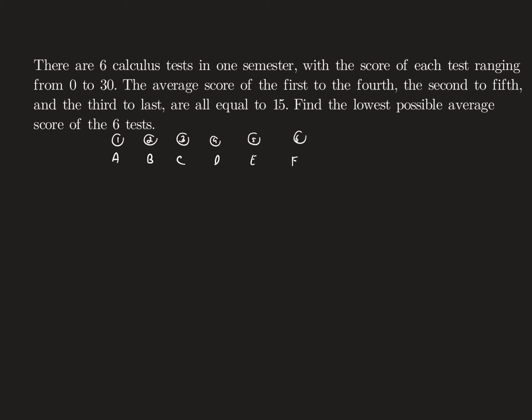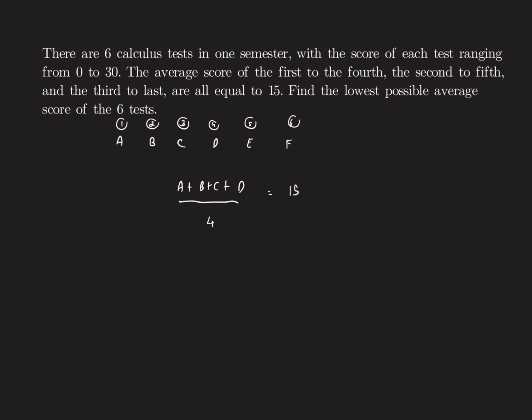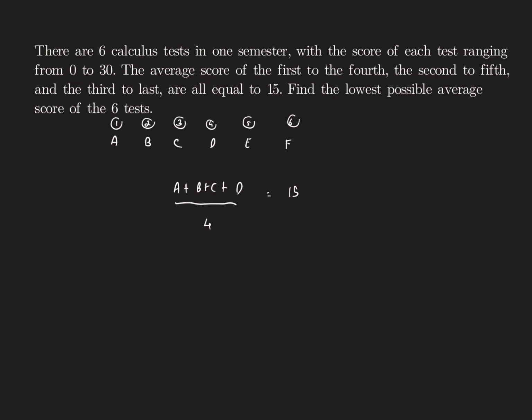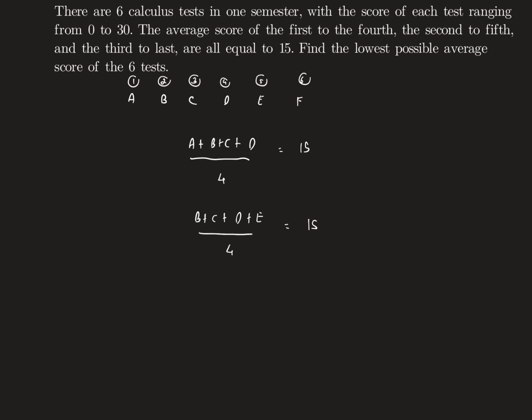So we know that the average score of the first to the fourth, which is A plus B plus C plus D, since it's an average, we need to divide it by 4, equals 15, as well as the sum of the second to the fifth test, which is B plus C plus D plus E, over 4 again equals 15. And the third to the last test, C, D, E, and F.